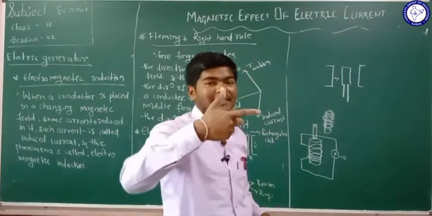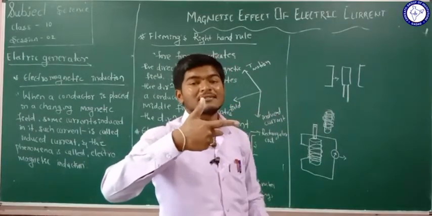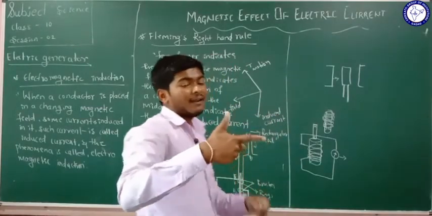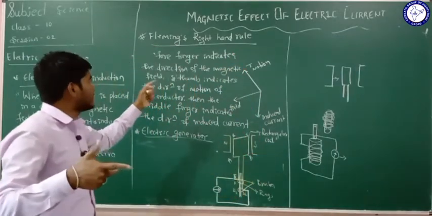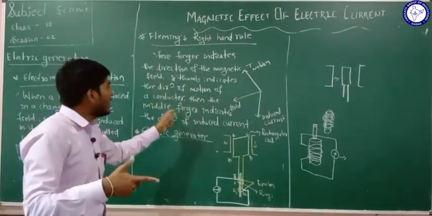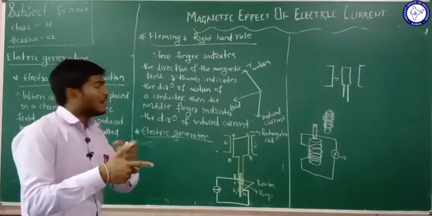In such a way that all three fingers are mutually perpendicular, the thumb indicates the motion of the conductor.